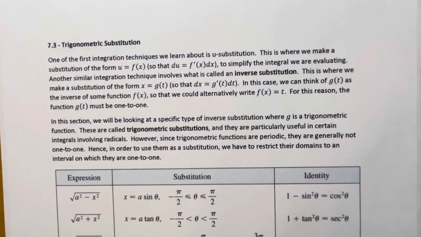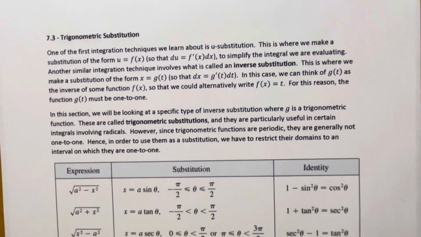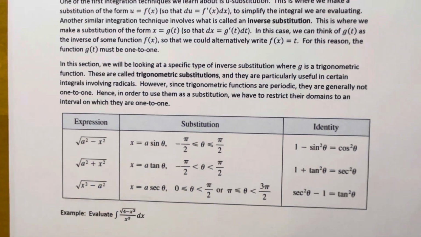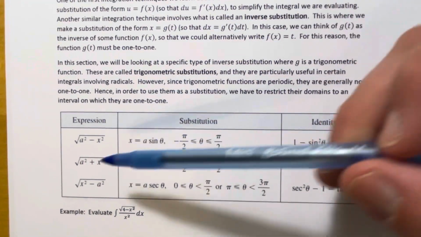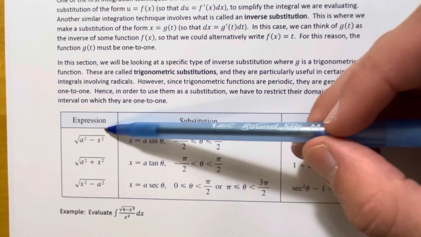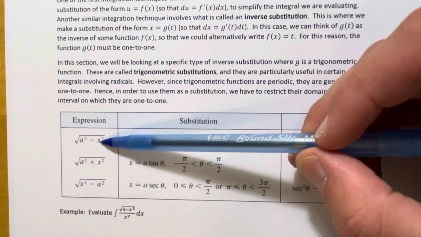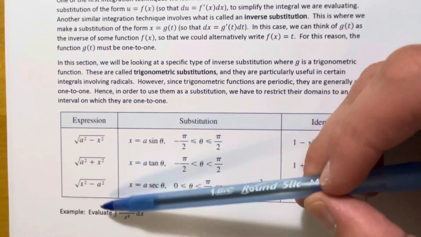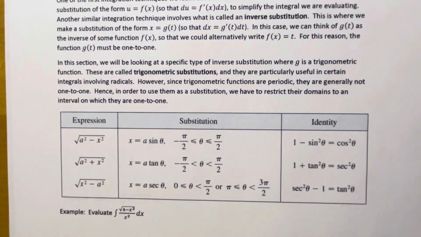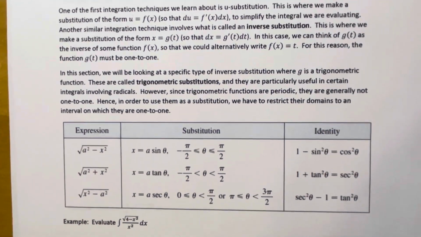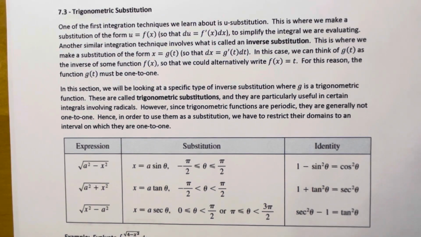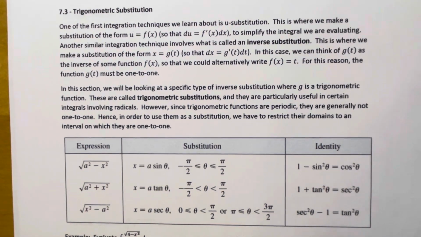What we're looking at here is specifically integrals that have expressions similar to one of these here. So when we have an expression that involves a square root of some constant minus an x squared, or some constant plus an x squared, or something similar to that, sometimes in those cases U substitution is helpful, but as we're going to see in other cases, it's not sufficient by itself.